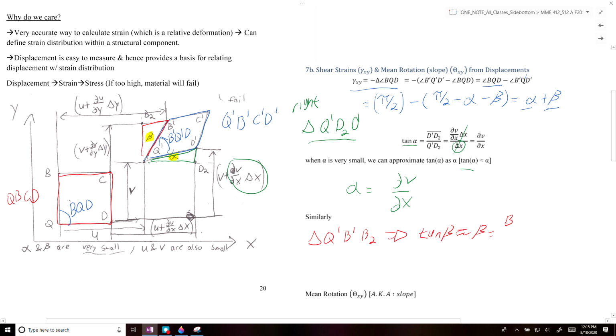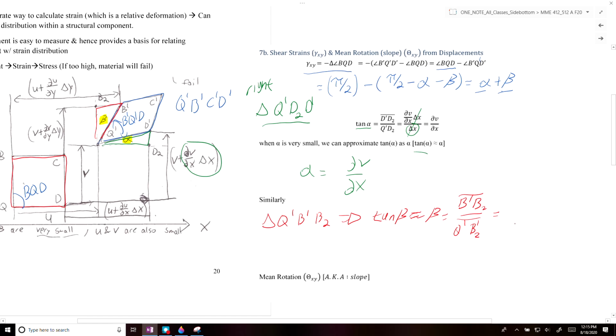That's equal to the length of B prime to B2 divided by the length of Q prime to B2. That should be equal to delta y times du dy, and we'll end up with just du dy for the angle beta.